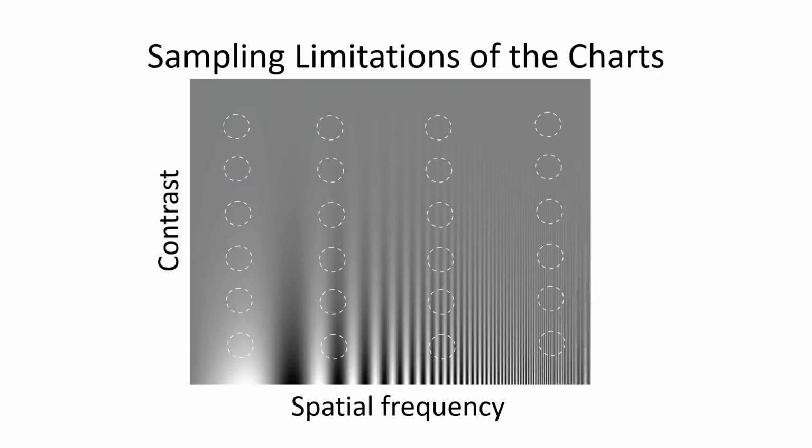When we overlay the sampling schemes of the charts on the two-dimensional spatial frequency and contrast space, it's obvious that the charts only provide a very coarse sampling of the space and cannot provide accurate nor precise assessment of the contrast sensitivity function.